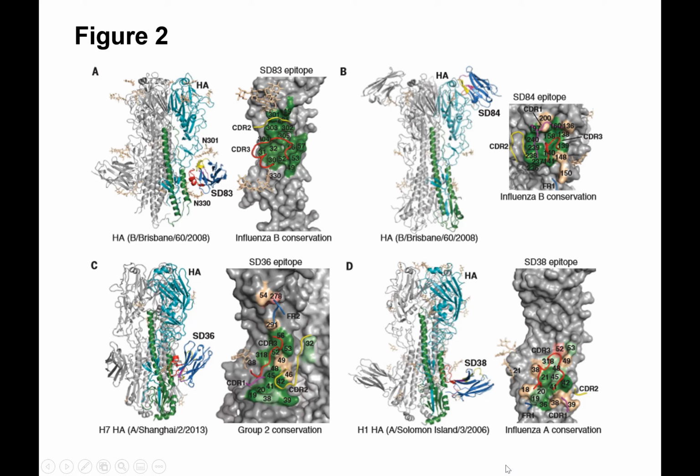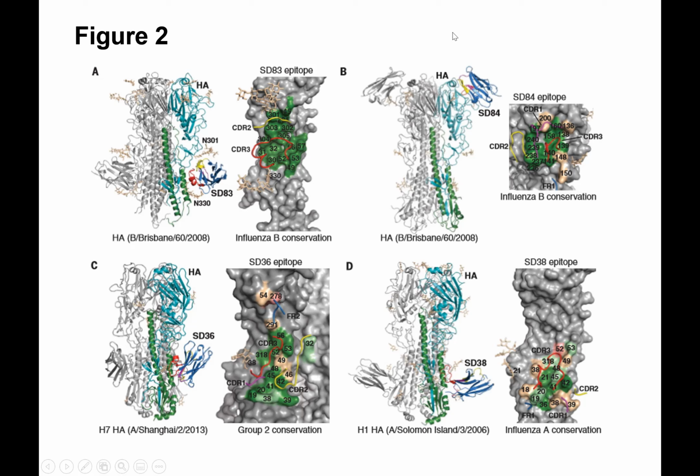That's not really the most important part of the paper. What I want you to focus on is where these different antibodies, single domain antibodies, actually bind to the hemagglutinin. That's kind of important as we think about how effective these multi-domain antibodies are.